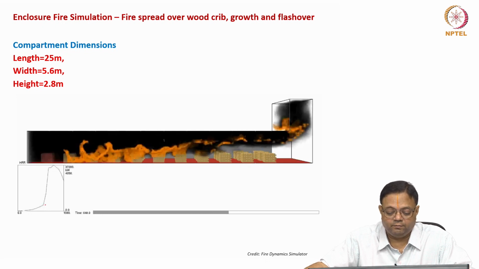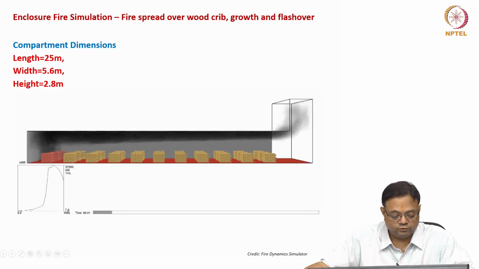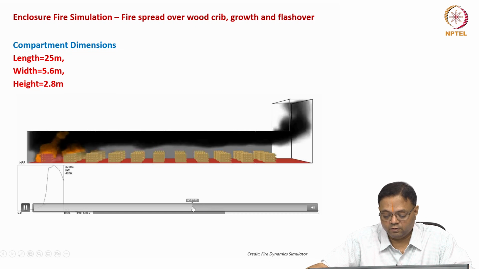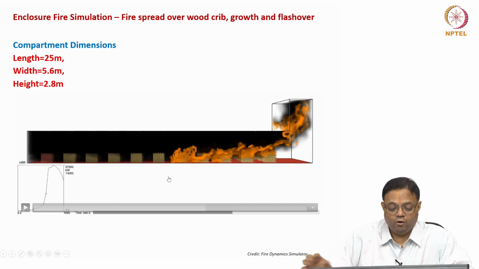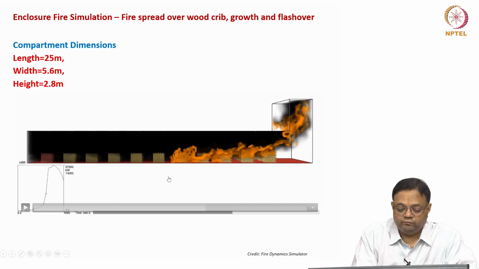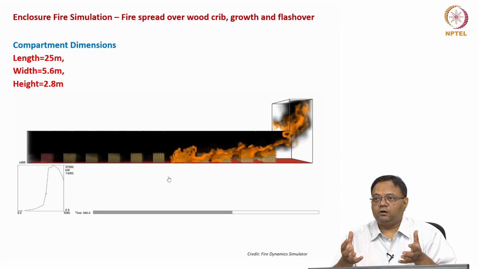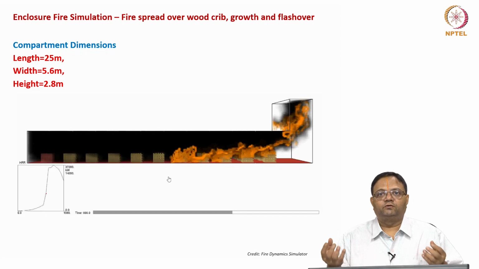Once the gases mix with temperature, I will just go to that point. Once the pyrolysis is happening, because of the radiation from the smoke layer, pyrolysis has occurred to all the cribs here. So pyrolysis gases are there in the smoke layer along with some air.